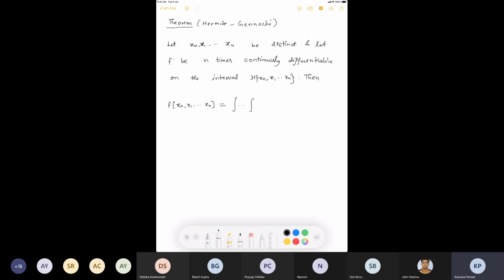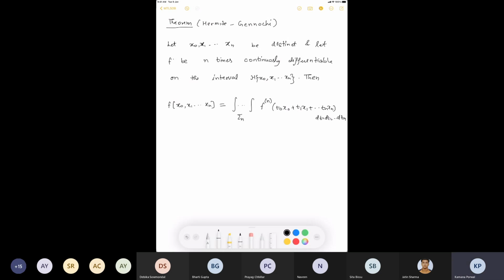I have this integral over a region tau n, and this is the integral of the nth derivative of f evaluated at t0 x0 plus t1 x1 and so on up to tn xn, and this is the integration with respect to t1, t2 up to tn, dt1, dt2 up to dtn.